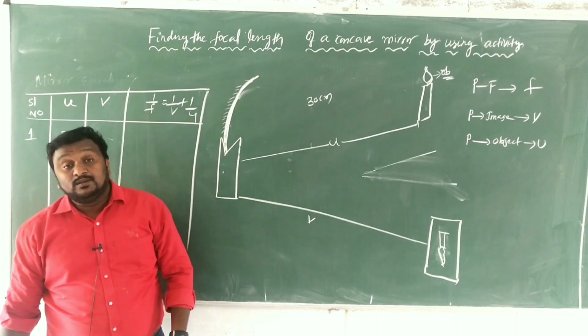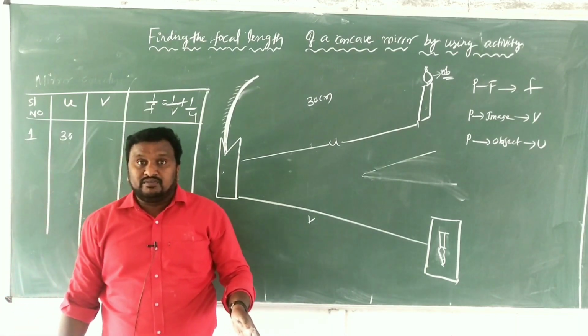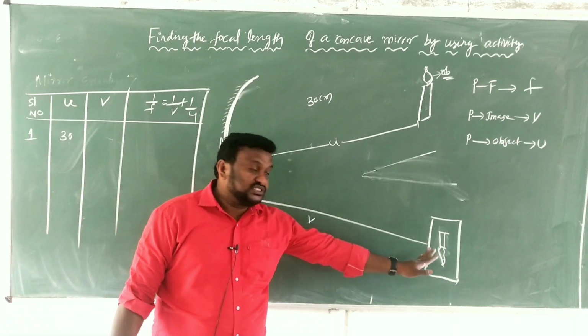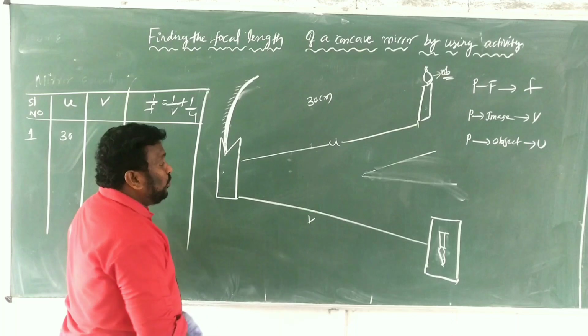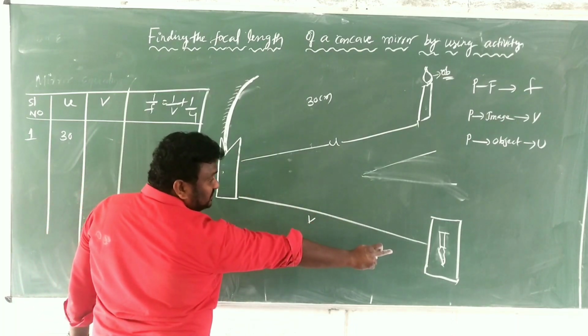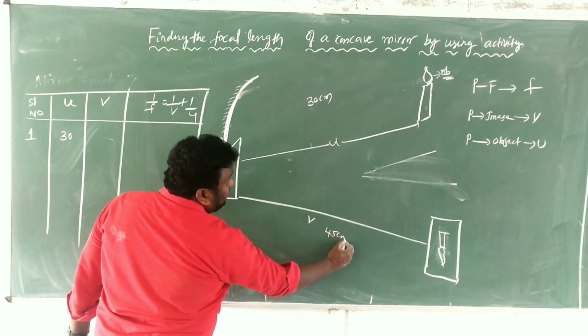What's that? Inverted. And now when we are getting the clear image, you have to stop the screen there only, and now we have to measure the distance from the mirror to the screen. For example, here we take some 45 centimeters.